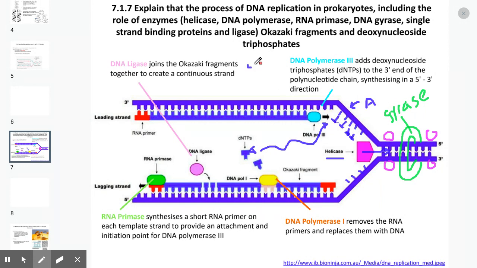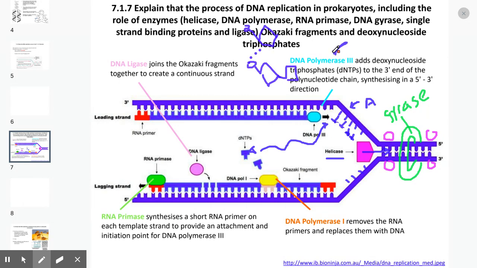So we have a phosphate, our deoxyribose, and then our nitrogenous base. This needs to form a bond with the one above it. So this has to form, and that's why we don't have a line here, because this bond has not formed yet. And that's the role of this enzyme.